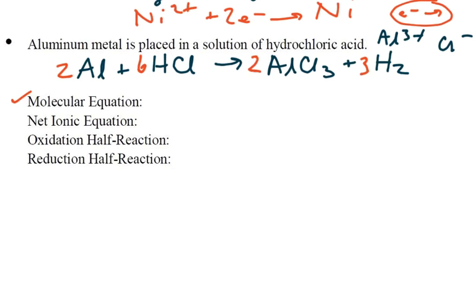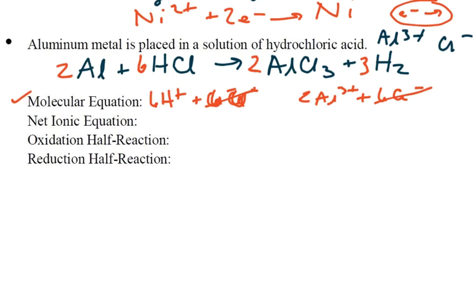Ionic equation. Chlorides, we said, are soluble, and so AlCl3 would actually break up, and we would have 2 Al3+ ions, and we'd have 6 Cl minuses. Over here on the left side, we're going to have 6 H pluses and 6 Cl minuses, and we know that because the HCl is a strong acid, and we know strong acids completely dissociate, and so the 6 Cl minuses are going to cancel out of both sides of this equation.